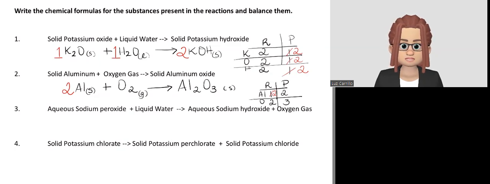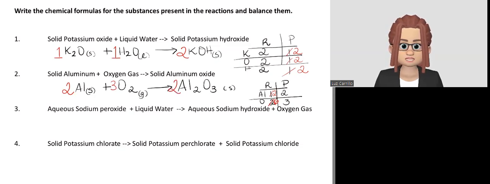So in essence, to balance my oxygens, I need to make sure that both of them reach a value of 6. To do that, I can put a 3 in front of the O2, and that will take my oxygens to 6. But in the product, if I'm trying to get my oxygens to a value of 6, I have to put a 2 in front of the aluminum oxide.